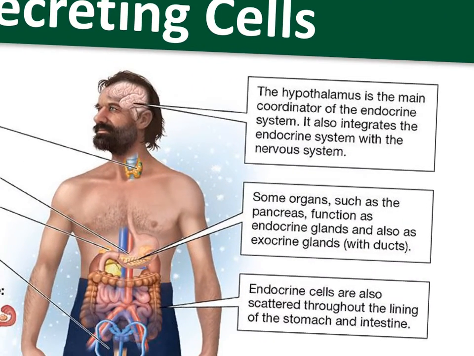Now, there's a gland or a part of the brain called the hypothalamus, which is the main coordinator of the endocrine system in the brain. So the brain is tied into all this different, very complex system. So let's say we eat something, and our stomach gets full.